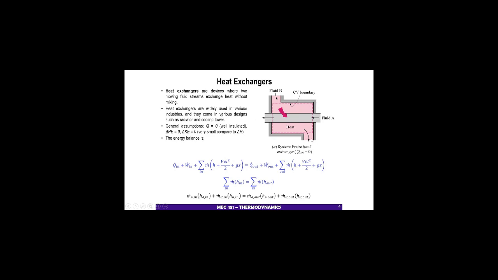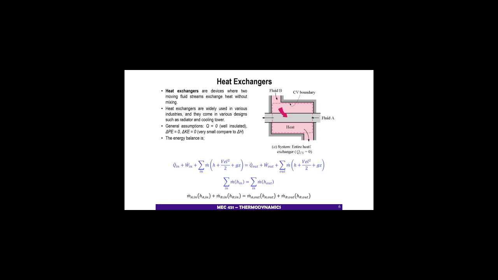It is well insulated for our control volume, but heat is transferred from fluid A to fluid B or fluid B to fluid A, but it's not leaking from the heat exchanger. So that's where we have your Q is zero, well insulated. And potential energy and kinetic energy will be negligible.